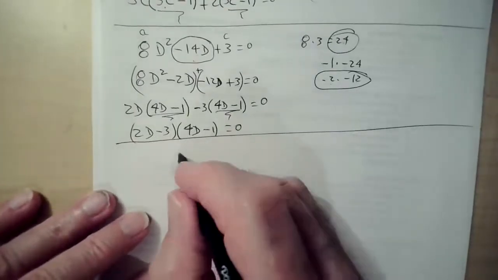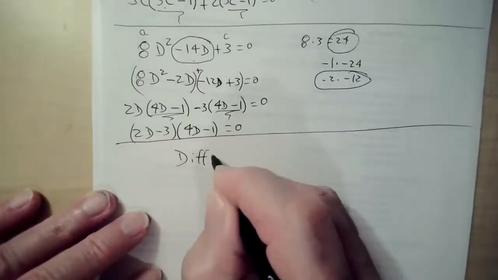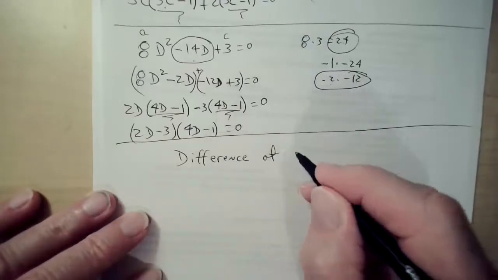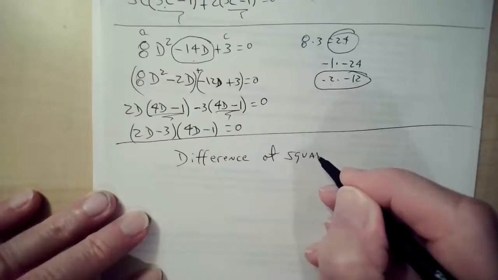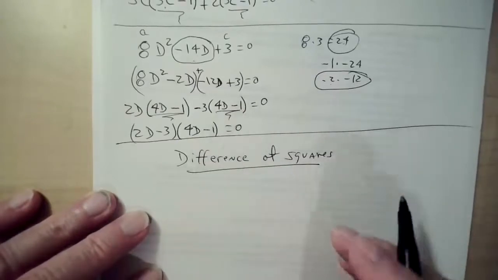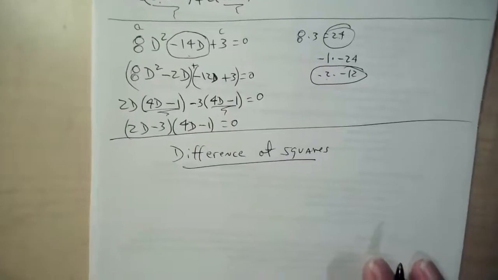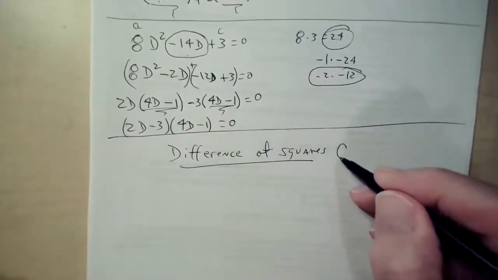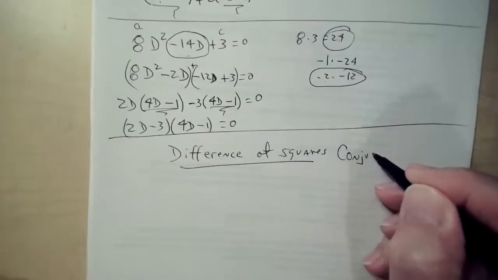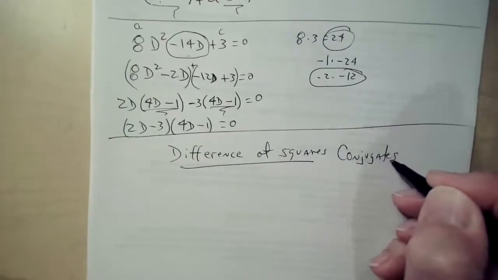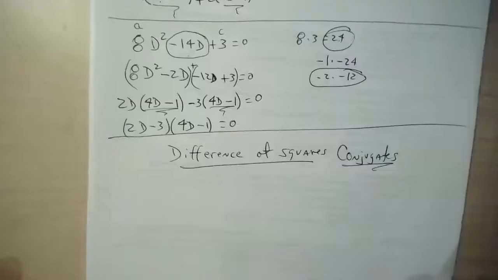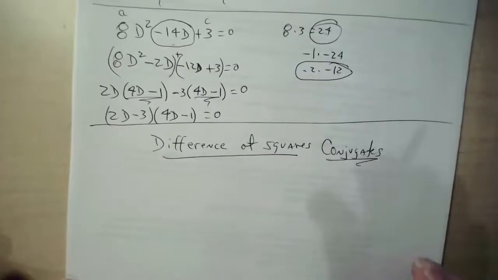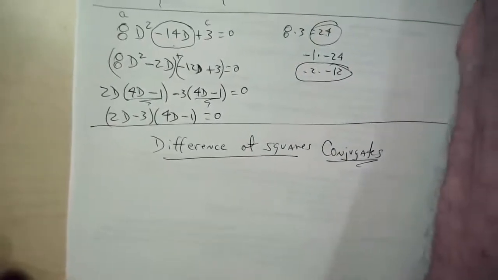Now, let me shift gears a little bit. Difference of squares. I think we talked about this the other day. These are called conjugates. The word's not particularly important, but what we're doing is fairly important.